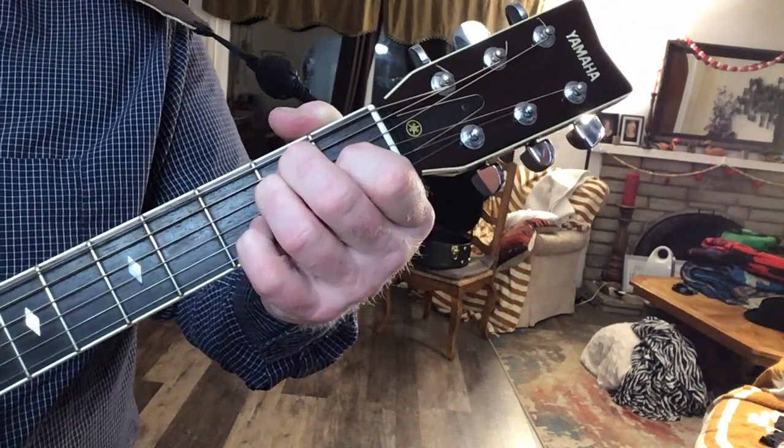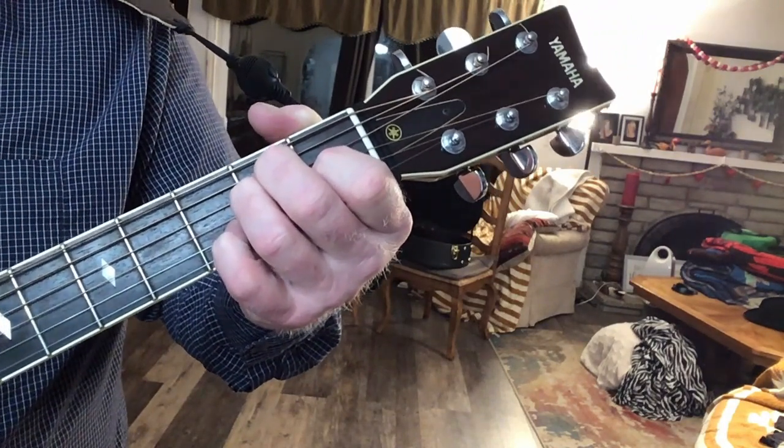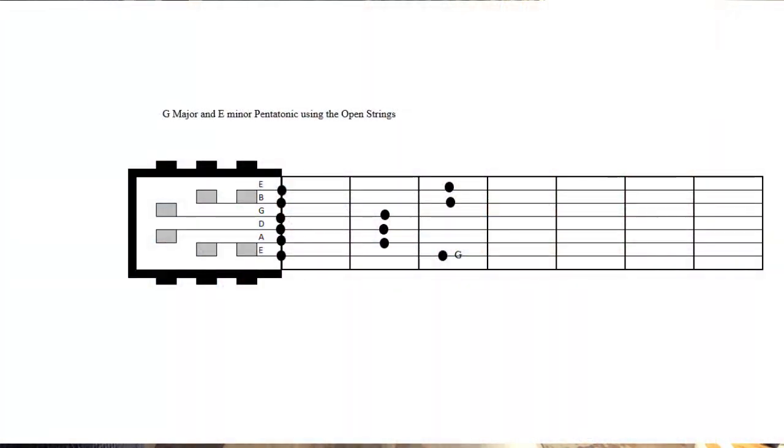So it's good to know that all of those notes in the open, when you're hitting open notes, are part of that pentatonic scale. Because if you hit a couple extra, or maybe you want to add an extra, it's right there for you. So it's really good to know that.